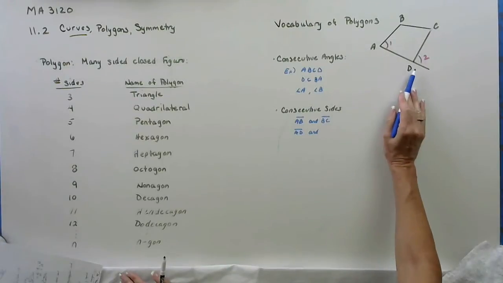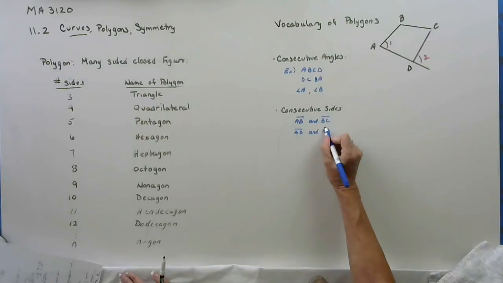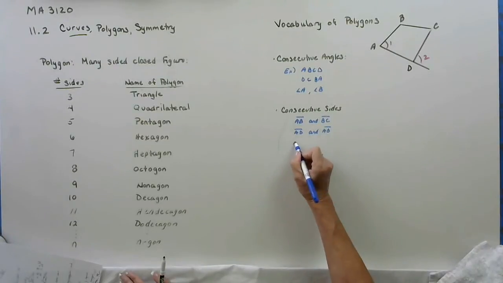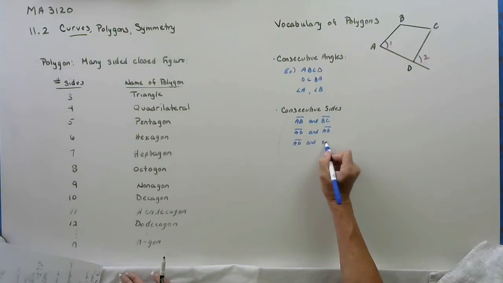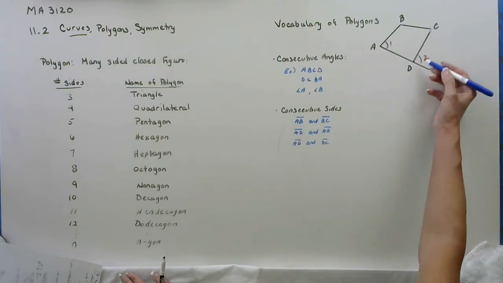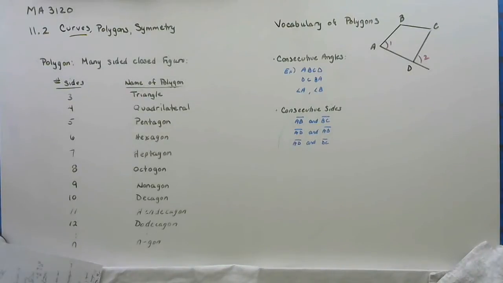I could go AD and AB, or I could say AD and CD, or DC. AD, DC. And that's what I mean by consecutive side. There's more pairs, but I just want to give you the idea that they're next to each other. They're in order as you go around.